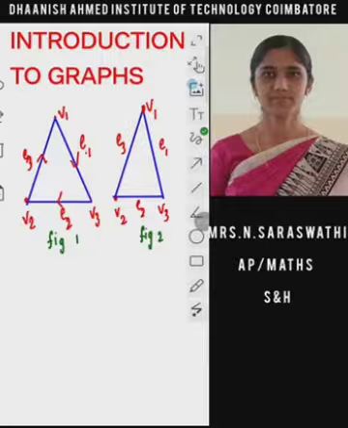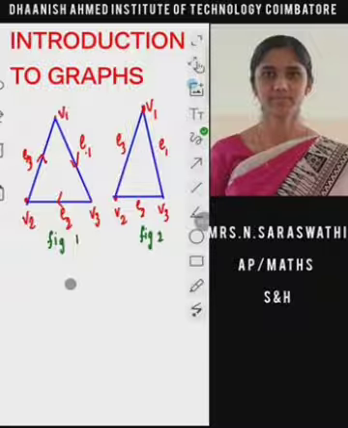Directed means the edge has a direction, from which vertex and to which vertex, we can find in which direction the edge is going. So, if the graph has direction, then it is known as directed graph. If the graph has no direction, it is known as undirected graph.